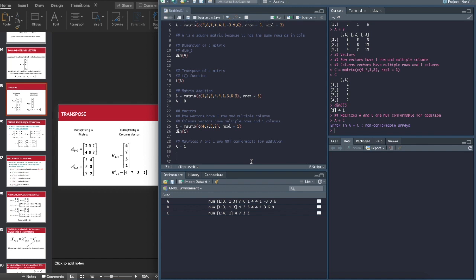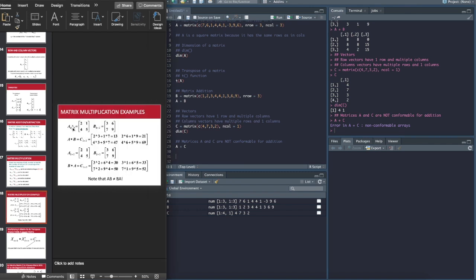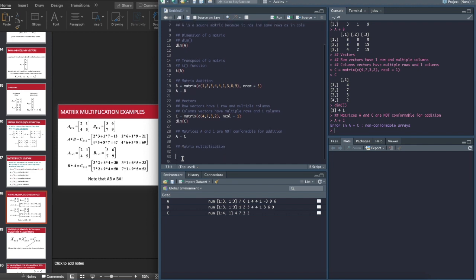Another concept of matrices is matrix multiplication. Let's do this particular example here, where we have matrix A, which is a 2 by 2, and matrix B, which is a 2 by 2 as well. Let's take a look at matrix multiplication and code this up.